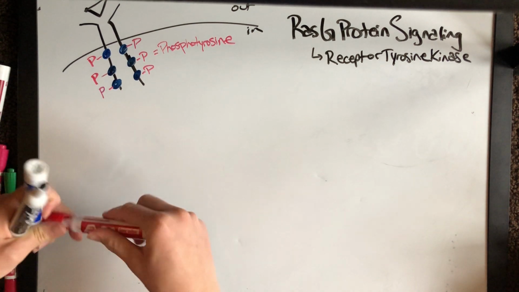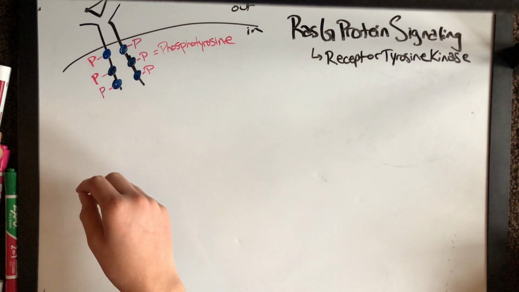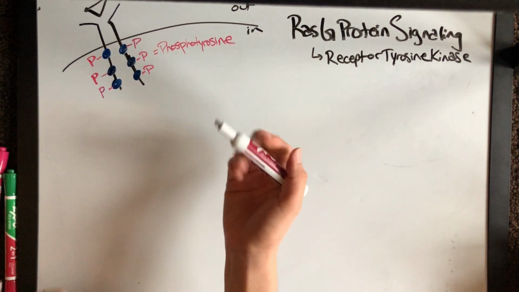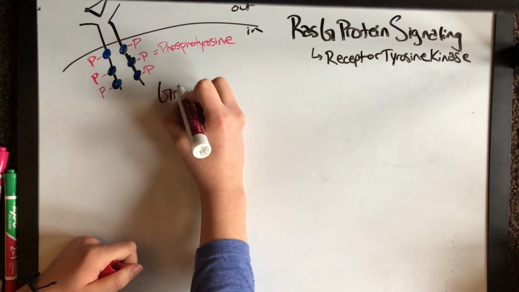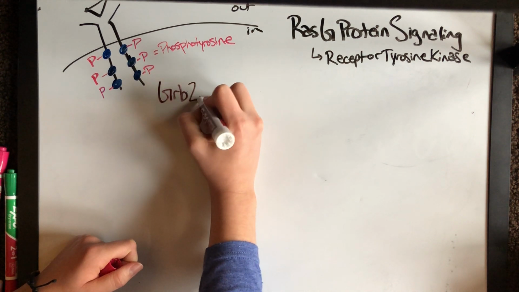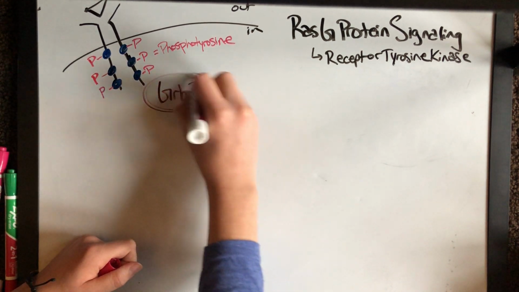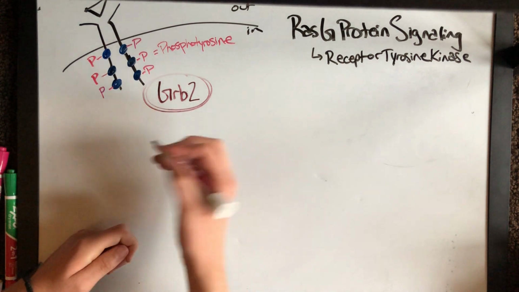So when that happens, we can get our GRB2 as our first guy to the scene. GRB2 is a type of SH2 containing protein.